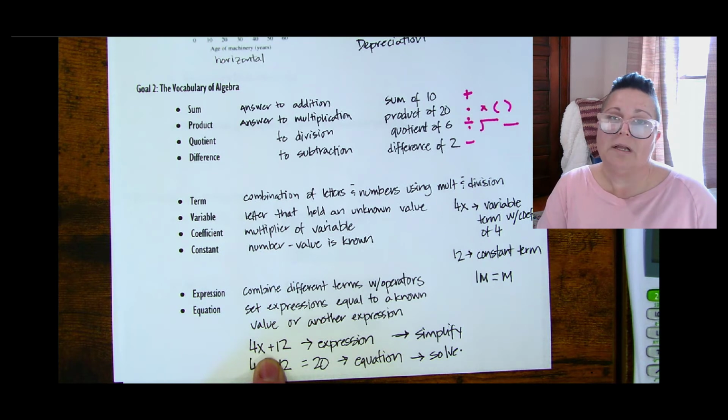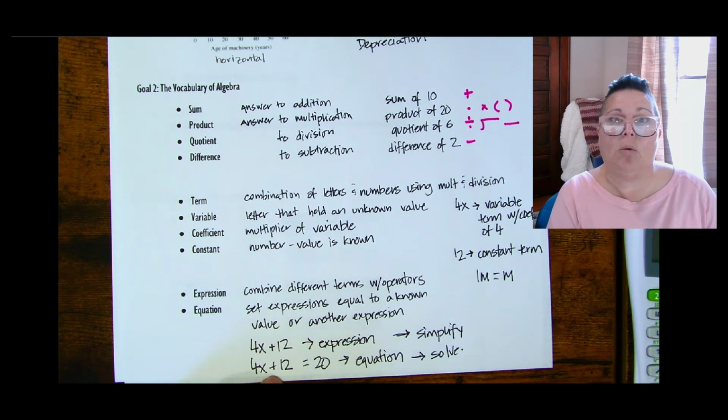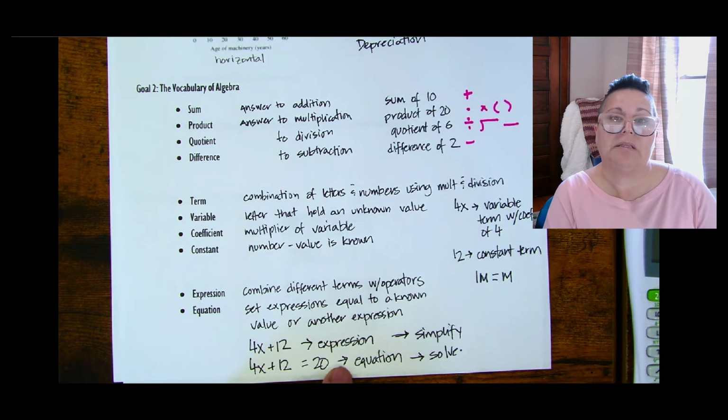If x is 1, I will get a different value than if x is 5. However, in the equation, I can solve the mystery of how much x is worth, because I know 4x plus 12 has to be the same as 20. So the equation can be solved. The expression can only be simplified.